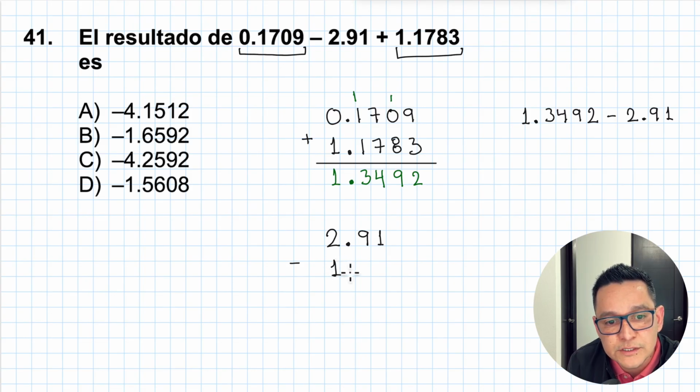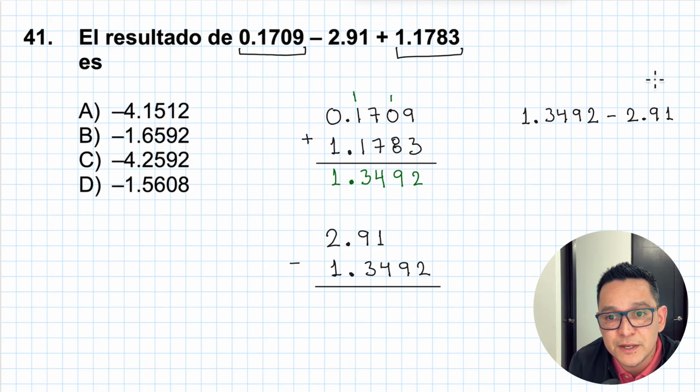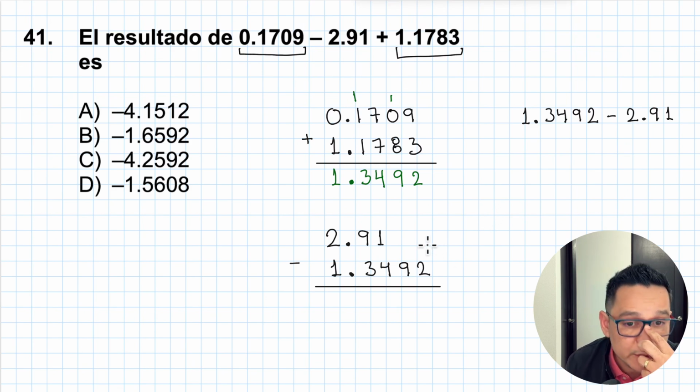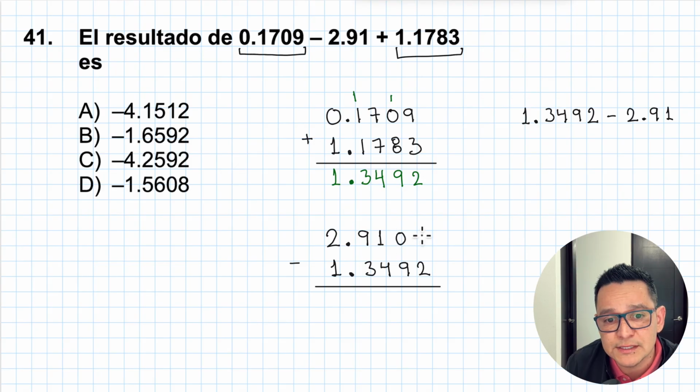Don't forget, we have to line up the decimals, so I write 1.3492. See, what I'm doing here is expressing this same operation, just the other way around. That's really important. Okay, now, to be able to do the subtraction, I need to fill in here, right? So I put a 0 here, and also put a 0 over here.